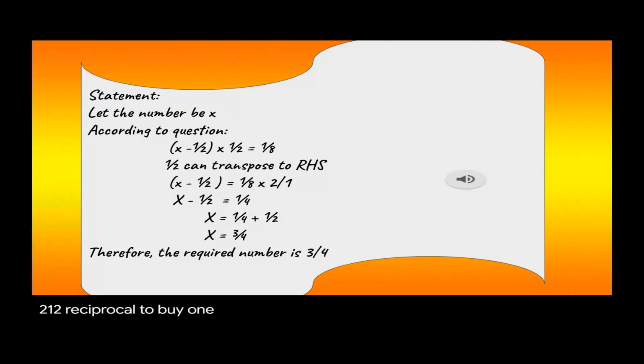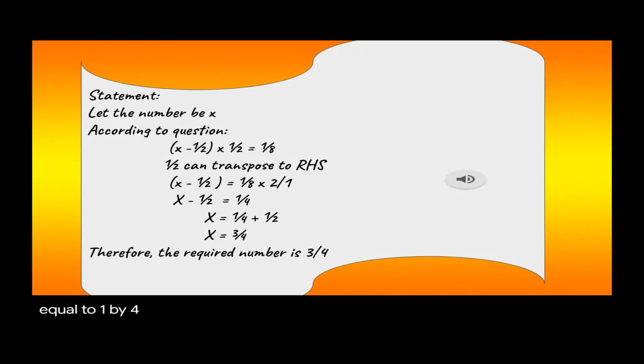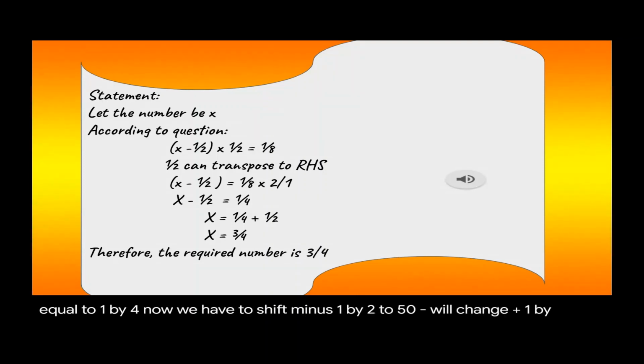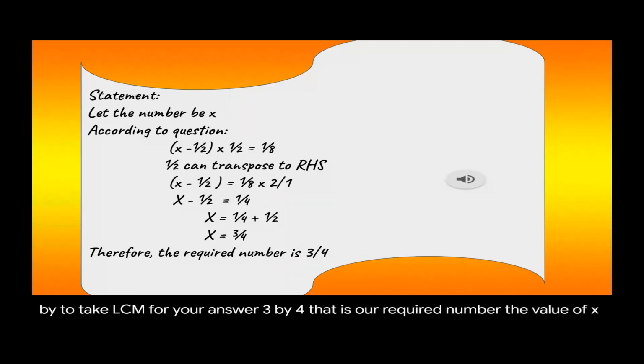So by multiplying 1 by 8 and 2 by 1, you will get 1 by 4. So next, x minus 1 by 2 is equal to 1 by 4. Now we have to shift minus 1 by 2 to RHS. So minus will change as a plus. So 1 by 4 plus 1 by 2. We can take LCM 4. So answer 3 by 4. That is our required number. Yeah, the value of x we got is 3 by 4.